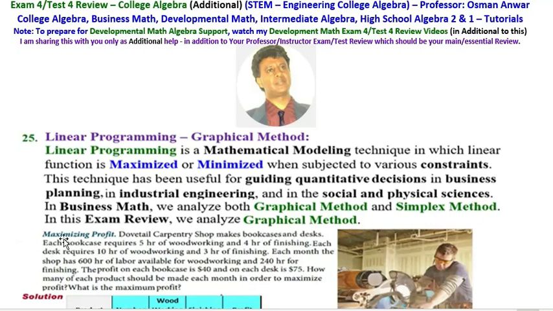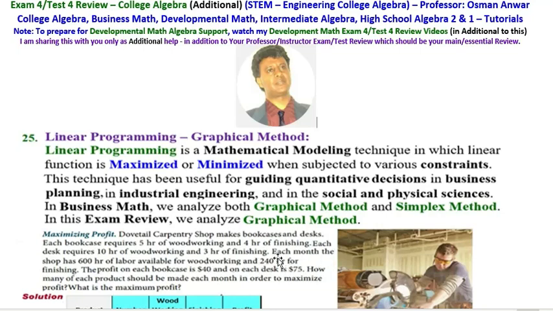The application is maximizing profit. Dovetail Carpentry Shop makes bookcases and desks. Each bookcase requires 5 hours of woodworking and 4 hours of finishing. Each desk requires 10 hours of woodworking and 3 hours of finishing.